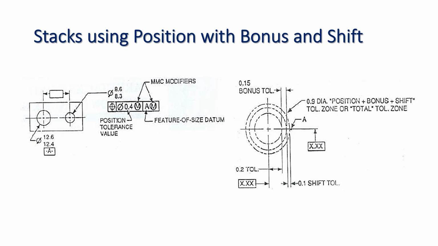Bonus tolerance 0.15. The 0.9 diameter is position plus bonus plus shift, the total tolerance zone. The 0.2 tolerance is the positional tolerance, and there is a shift of 0.1 mm and a bonus of 0.15 mm.